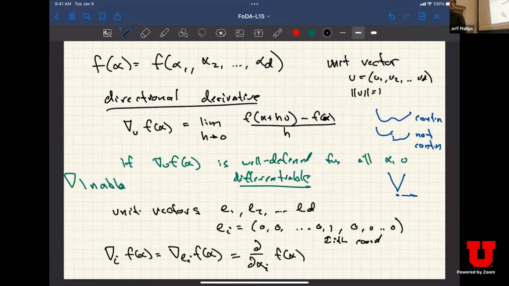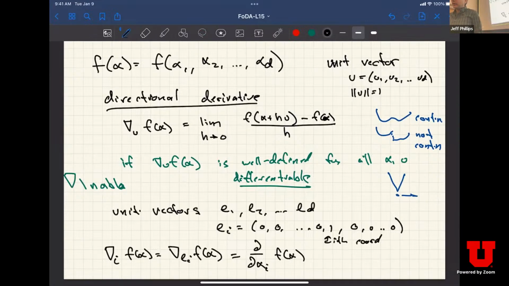Yeah, the ith coordinate is 1, the rest are 0. And this will be equal to the partial derivative just at i.